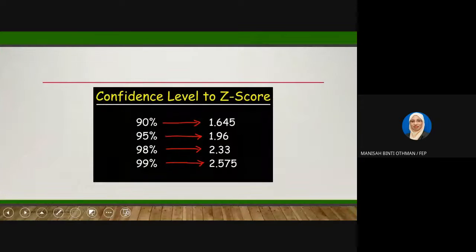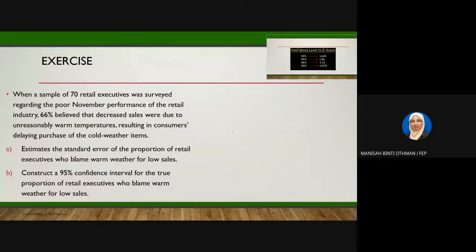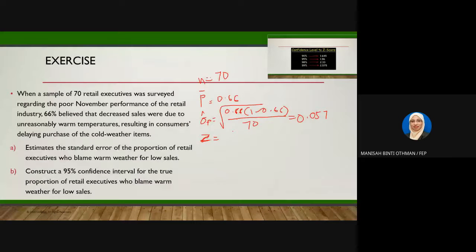For a 95% confidence interval, the Z value is 1.96. Now you can calculate your upper control limit and lower control limit.